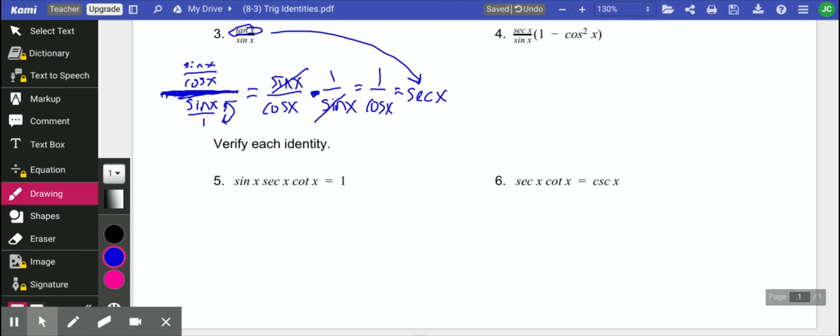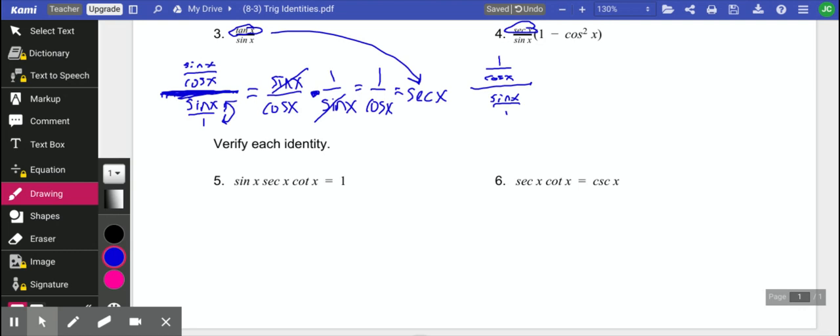All right, let's check out number 4. Let's start with the fraction thing, kind of treat it the way we did the last one. Secant x. Using our reciprocal identities, secant is 1 over cosine, over sine x. And I'm going to go ahead and put that sine x over 1.